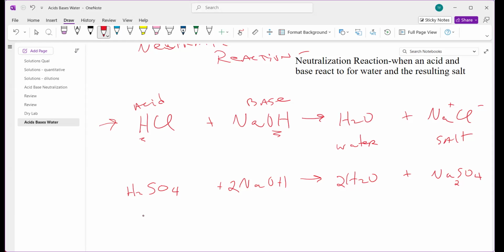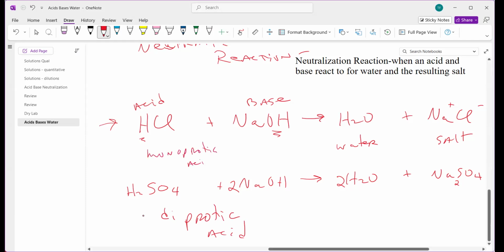The names of these acids vary depending on how many protons or hydrogen ions come off. Sulfuric acid is a diprotic acid. This would be a monoprotic acid.